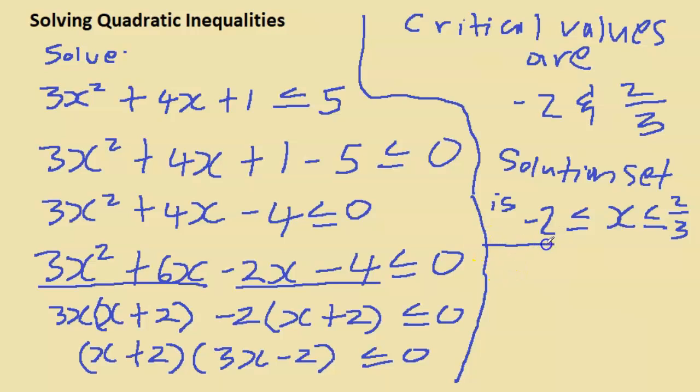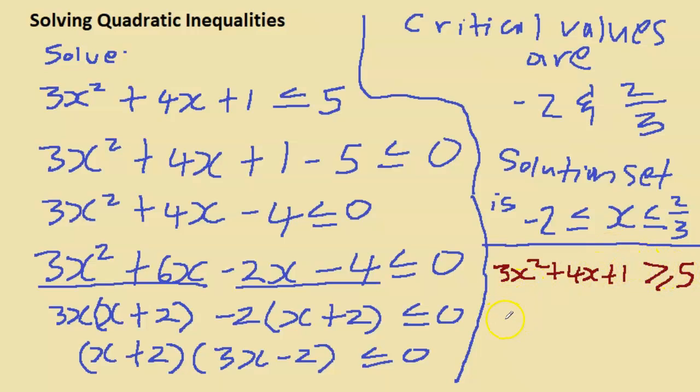And again, I ask a question, what if this was a problem that you were given, with greater than? What if that was a problem? Again, we'll end up with the same critical values.